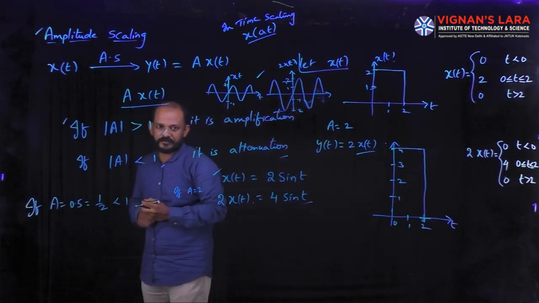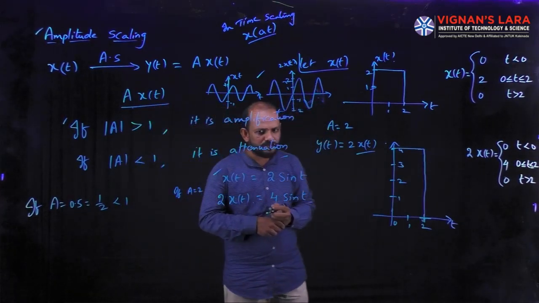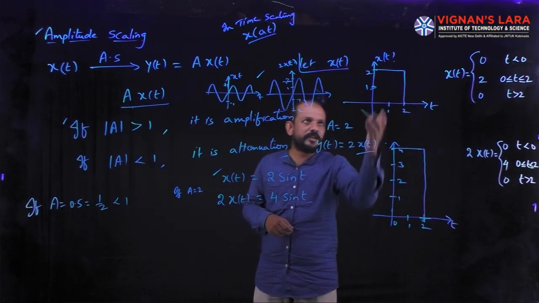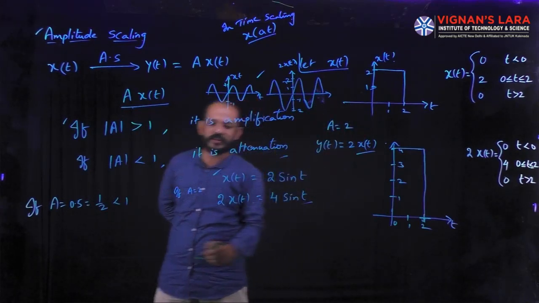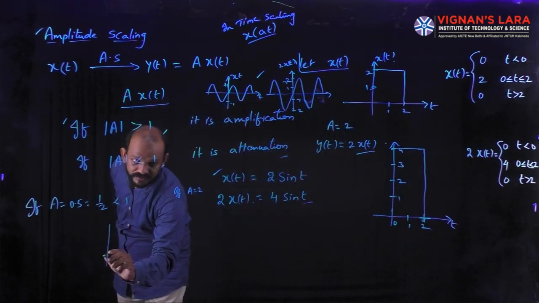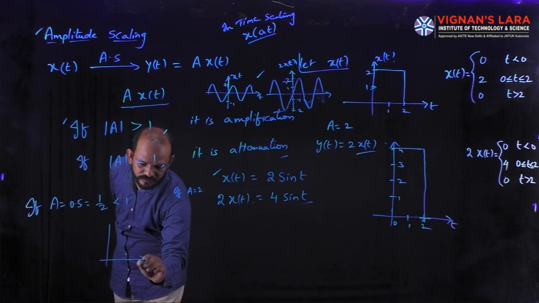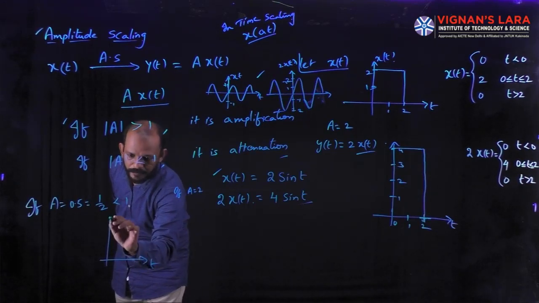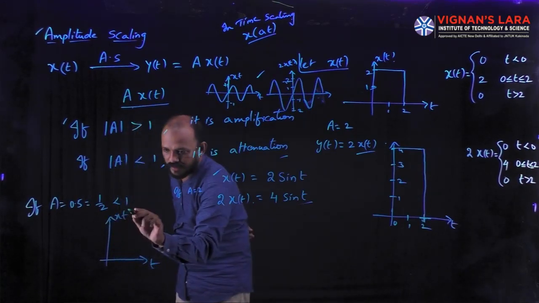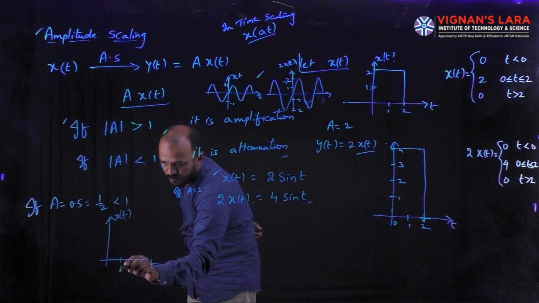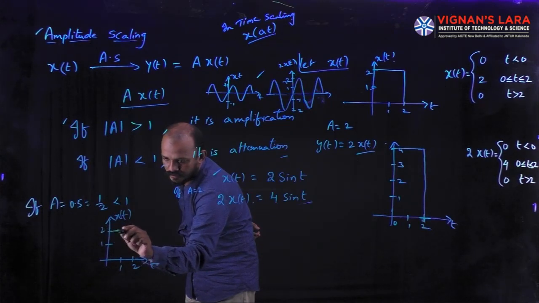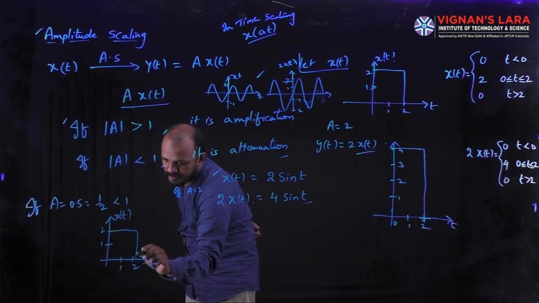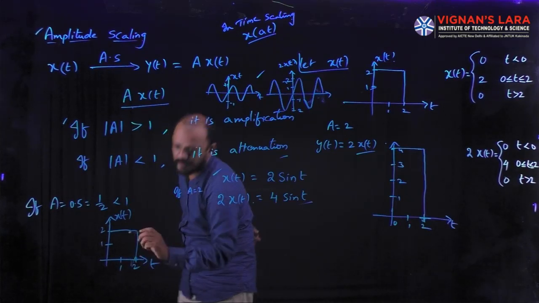How will it happen? Simple. Consider the same signal. The input signal is like this. T, x of t, this is 1, this is 2. Okay, this is the signal.